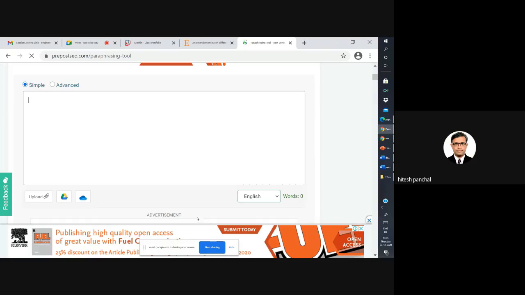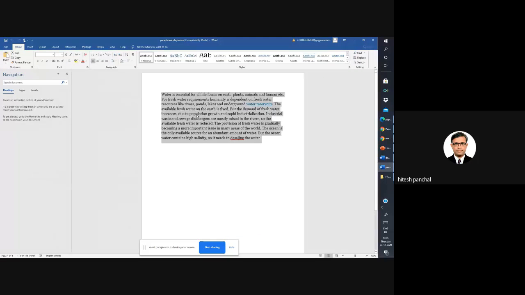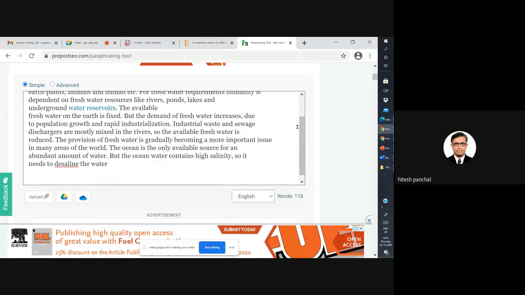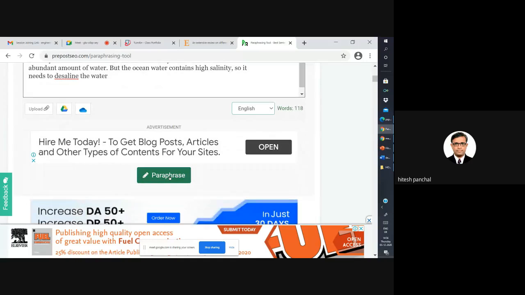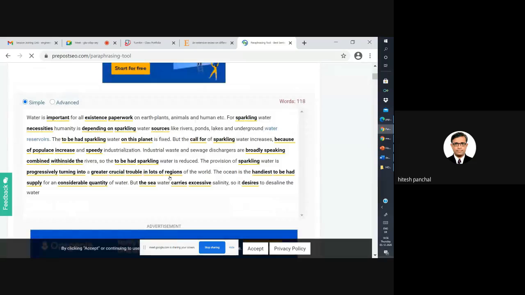But here, the same words I am putting here for your reference. You can see all the words are here. Now I will go for the paraphrase. Here you can see one icon, paraphrase. Now if you simply click, you can see the whole sentence has changed.